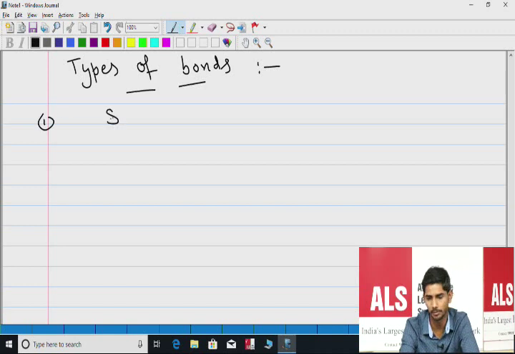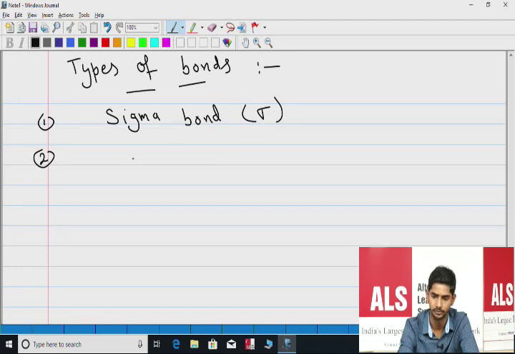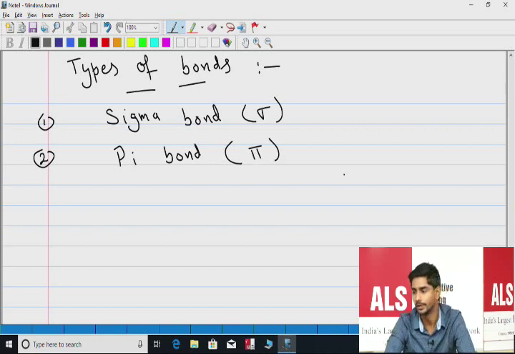First is your sigma bond, and this is its representation. And second one is your pi bond. This is the pi bond. We'll discuss the two types of bonds one by one. Just copy this one and then let's start.